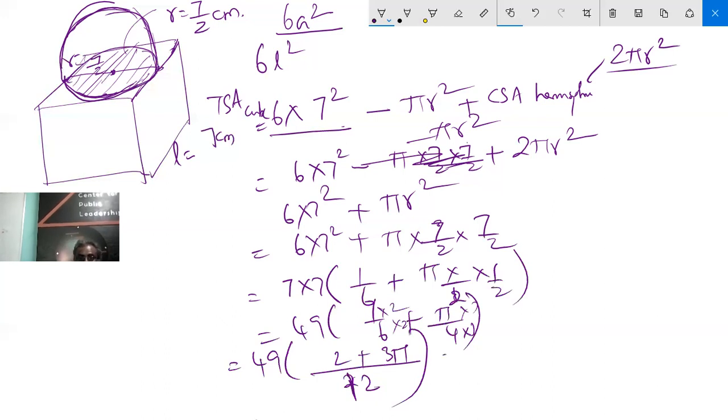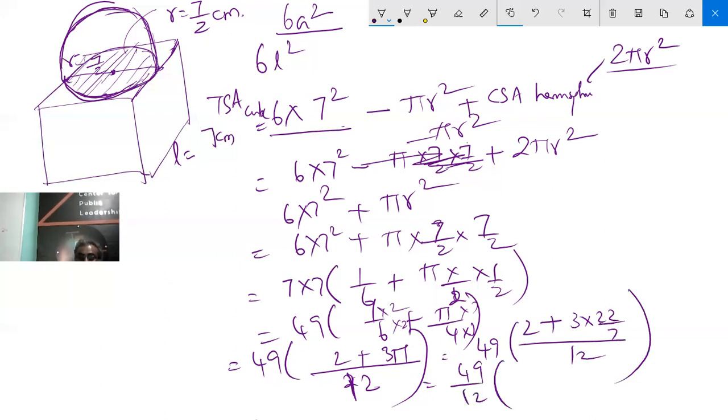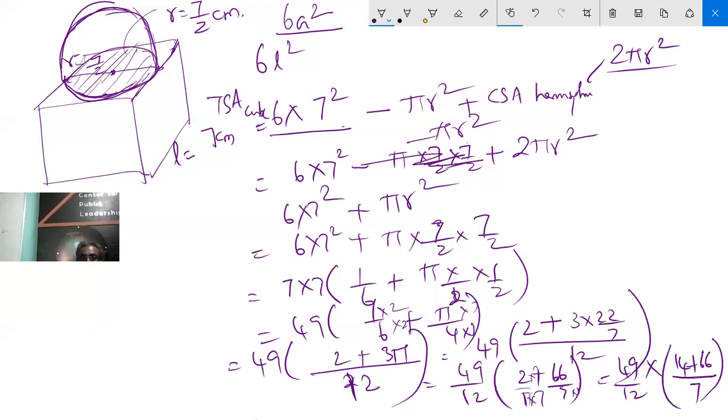But if you have to remove the pi, then you substitute pi as 22 by 7: 49 by 12 into 2 plus 3 into 22 by 7, that is 2 plus 66 by 7. Taking 7 as the LCM, 14 plus 66 by 7, that is 80 by 7.